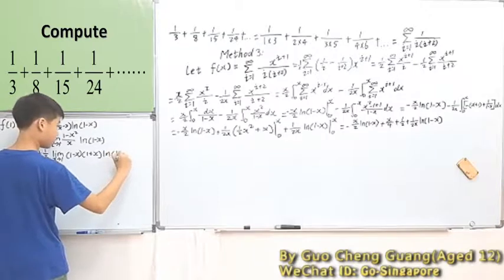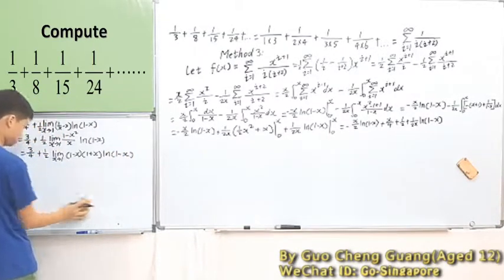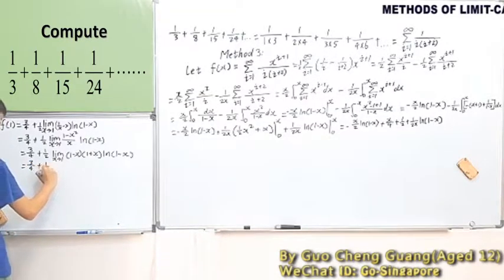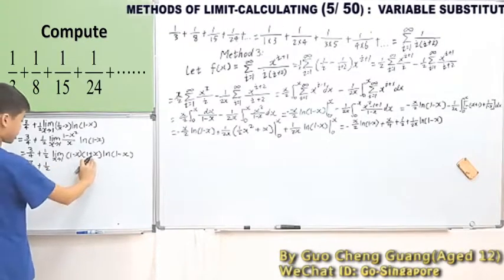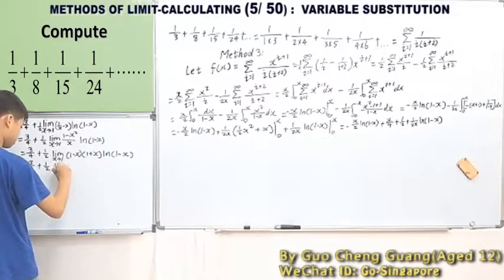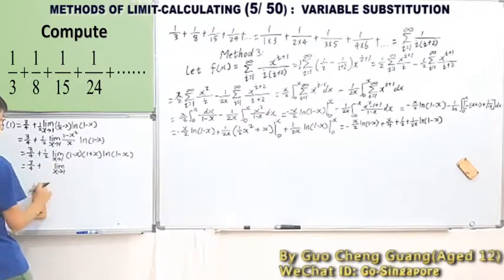Then ln 1 minus x. Then this part. So here you can sub 2. Then it will cancel out with this.